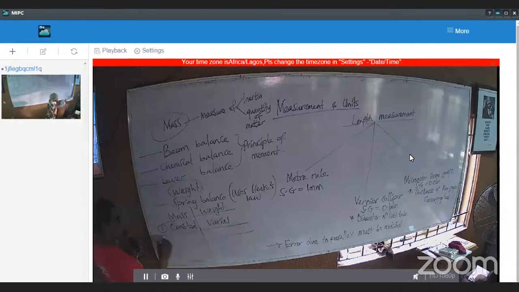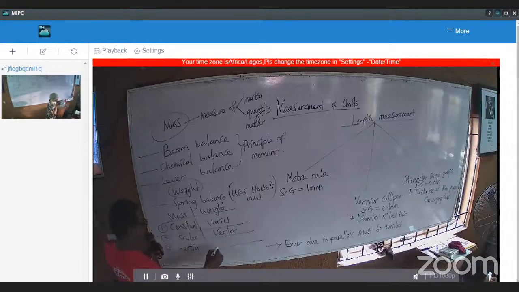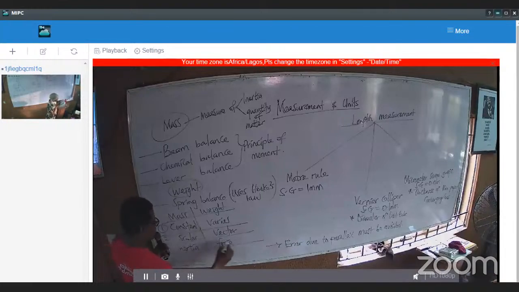Number two, your mass is a scalar quantity, and of course your weight is a vector. Very important. And number three, mass measures inertia, whereas your weight measures force.